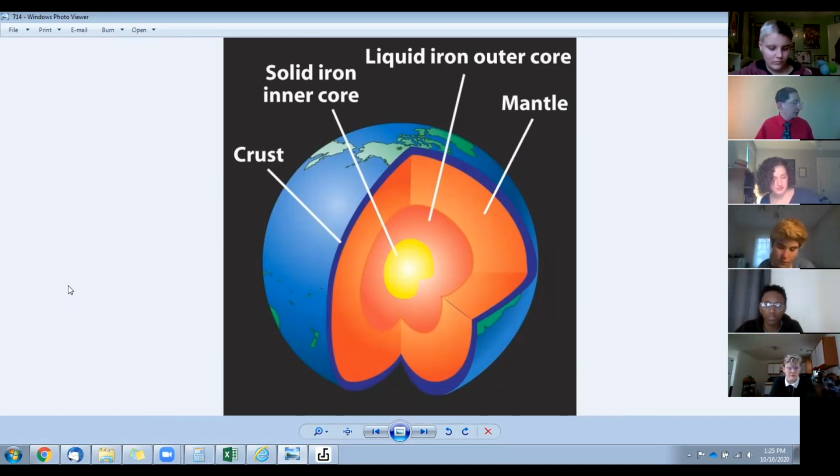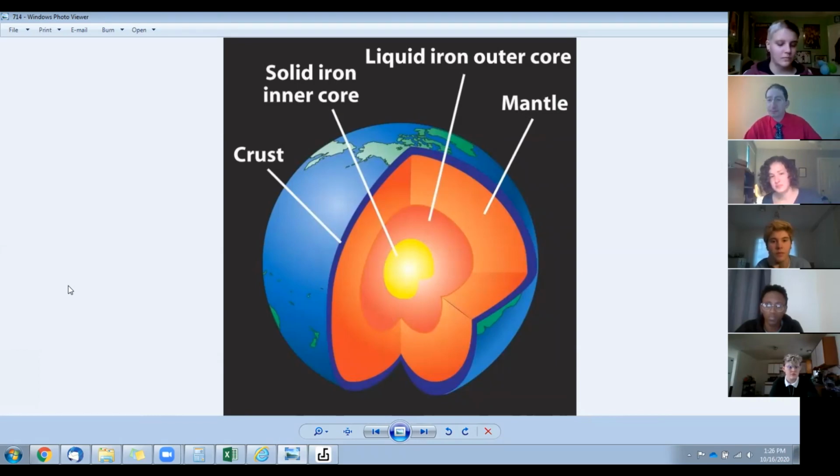So the lower mantle is solid. And this may be strange because the deeper you go, the warmer it gets. If the upper mantle is slow, I describe it as plasticky. It's not made of plastic, but it moves slowly like plastic would. The lower mantle is even warmer. You may expect it to be more plasticky, more fluid, but it's not.